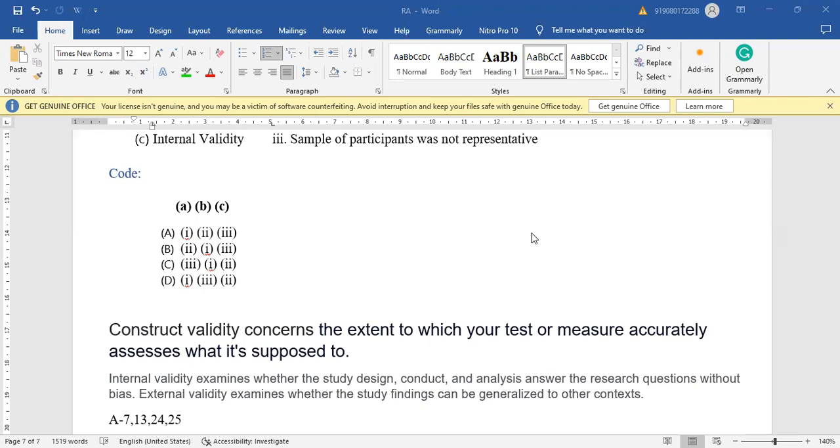Validity means how your study design, conduct, analysis answer the questions without bias. Internal validity is to check something without bias, and it will examine your research design, conduct, analysis, everything. External validity is whether the findings of the study can be generalized to other situations or not.